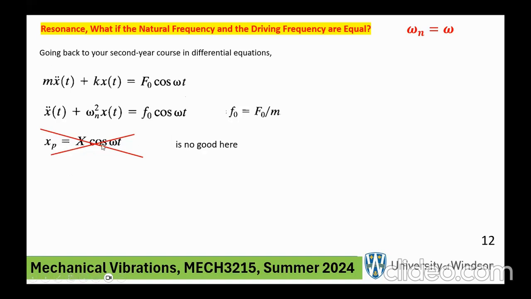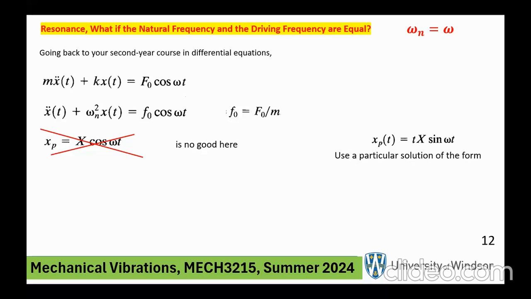So this is no good. But somebody has come up with the actual solution. Now, if you ask me, well, how the heck did they know this? That's the outcome of 250 years of mathematics, calculus, differential equations, etc.